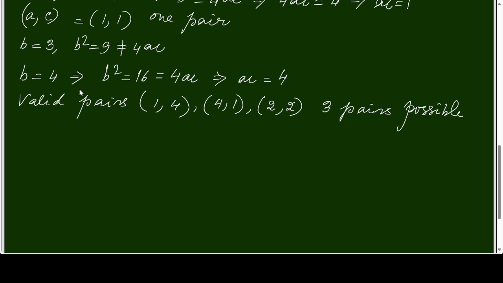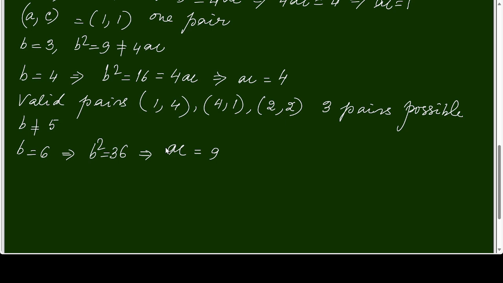b equals to 5, not possible, rejected, because b square equals 25. Then b equals to 6, this gives us b square is equal to 36, or ac equals to 9.